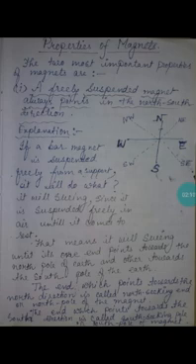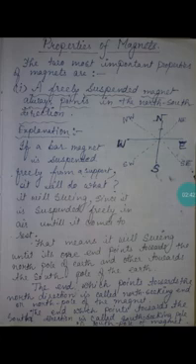Based on this, if we face towards the rising sun and lift both of our hands, the left hand will be pointing towards the north direction and the right hand towards the south direction. That is how we know the directions of the earth. So here it is saying that a freely suspended magnet always points in the north-south direction.